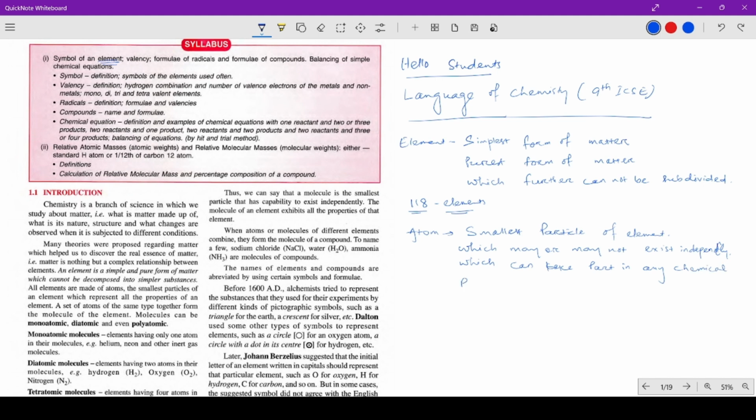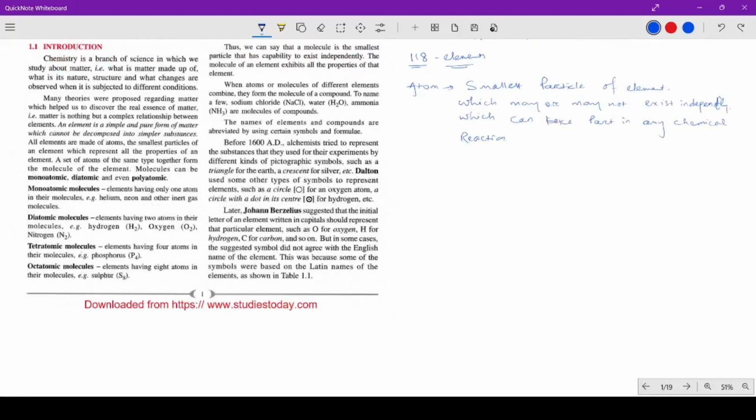So this is what it is all about your atom. Elements are the simplest form of matter, and each is made up of the smallest particle called atom. So now, as there are elements, we have to discuss their symbols, how to denote the elements.